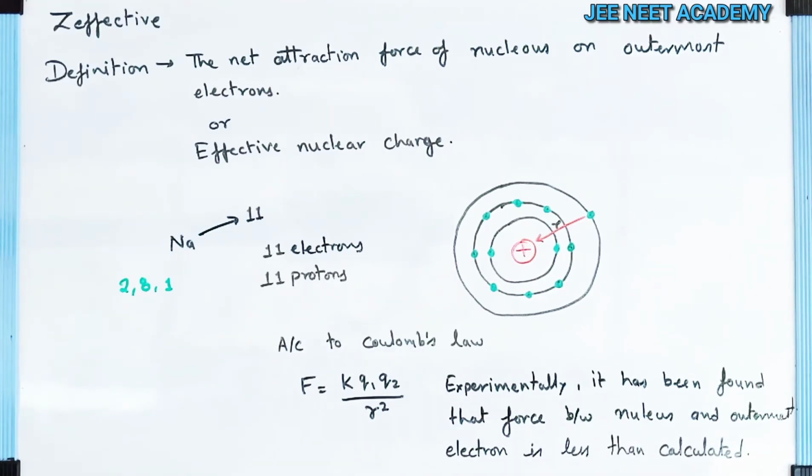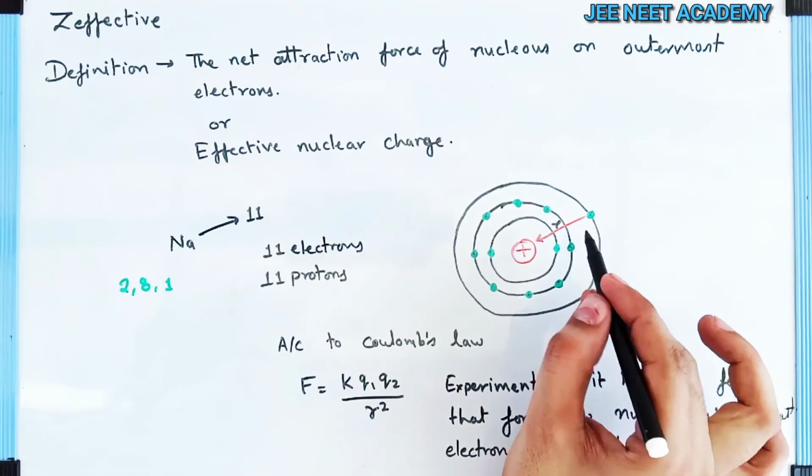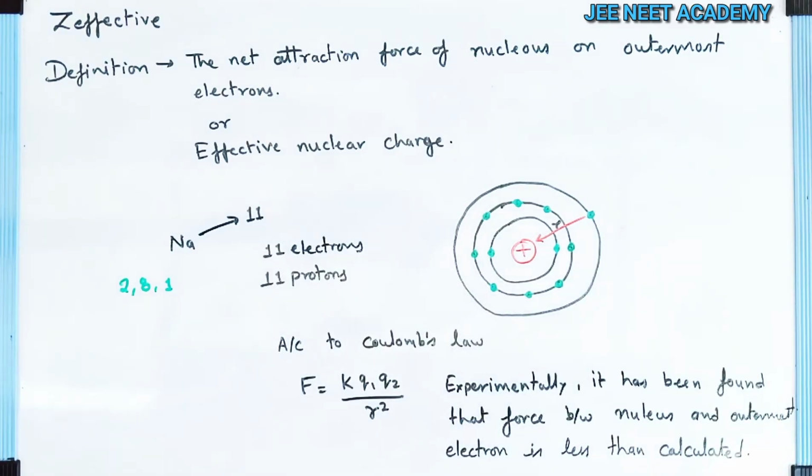Now we will see why the force of attraction is less than the calculated force. In one word you can say Z effective, but in this one word you can't understand everything, so I will explain it here very clearly.